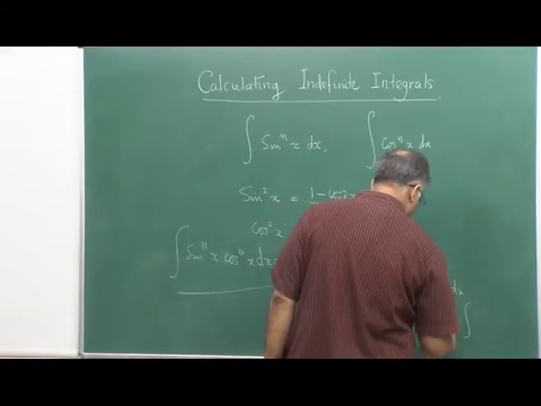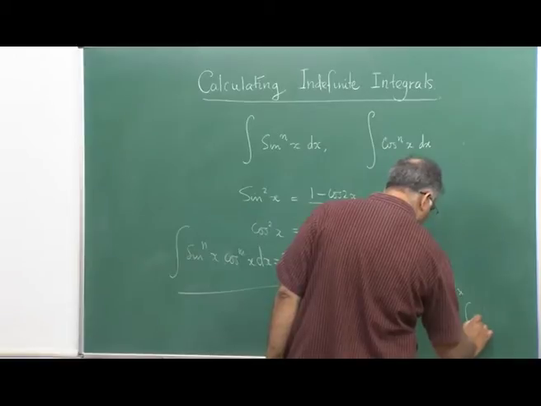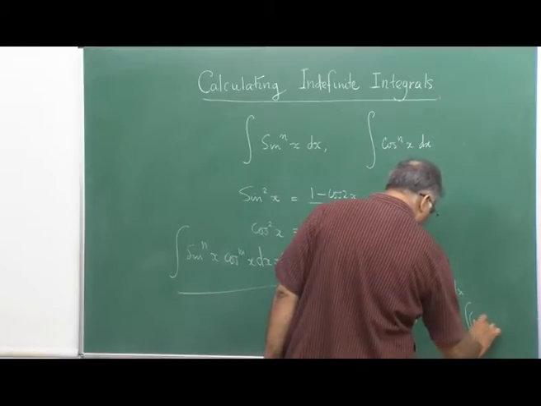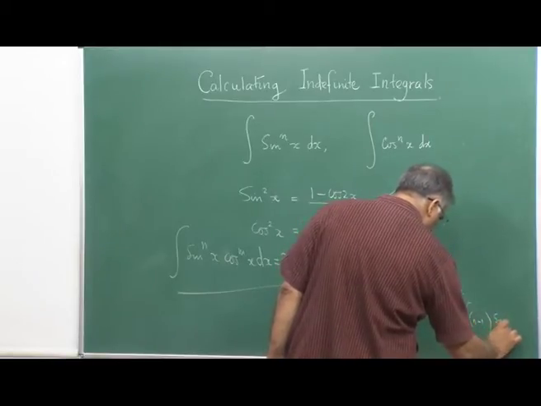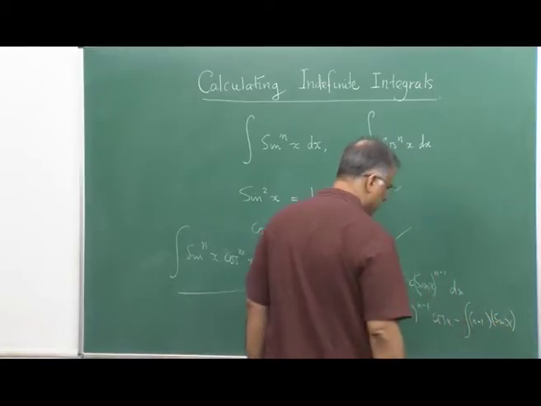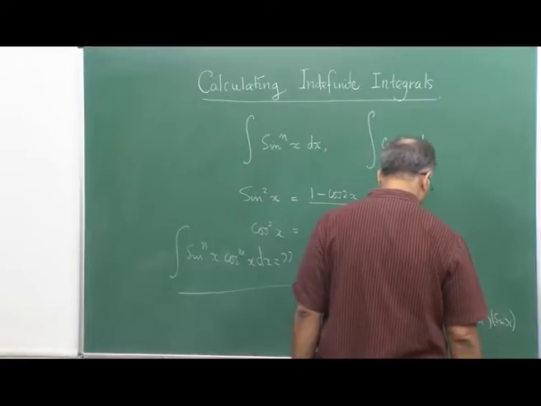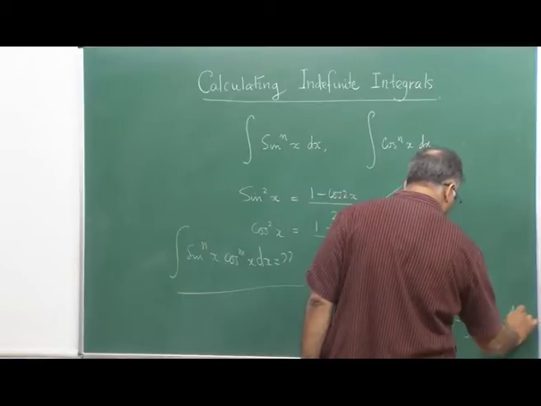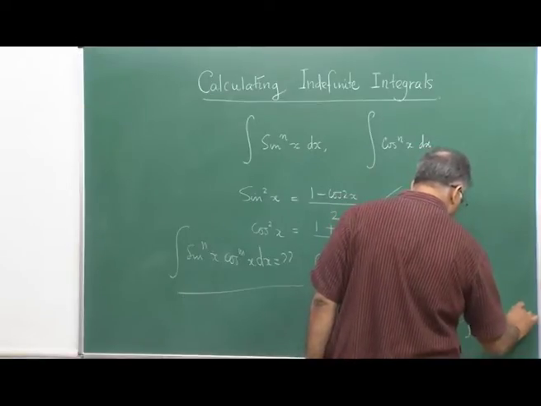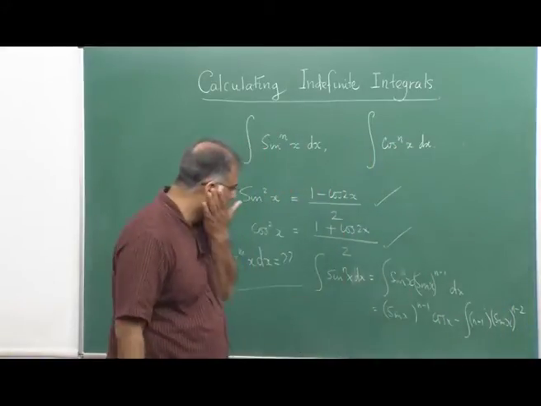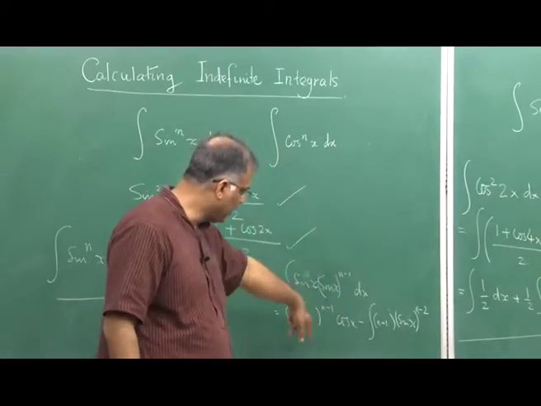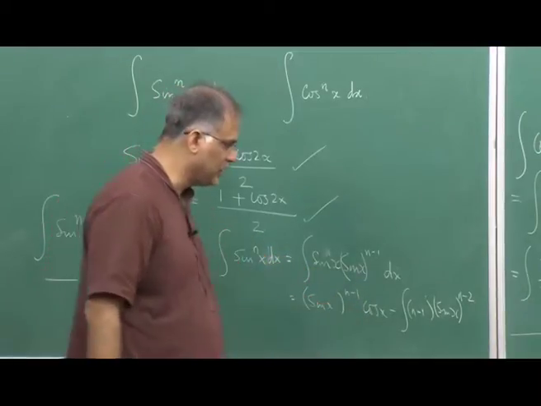Now you take the derivative of this, it will become n minus 1 into sin x to the n minus 2 into cos x, the derivative of sin being cos x, and you already have cos x from here in this integration.